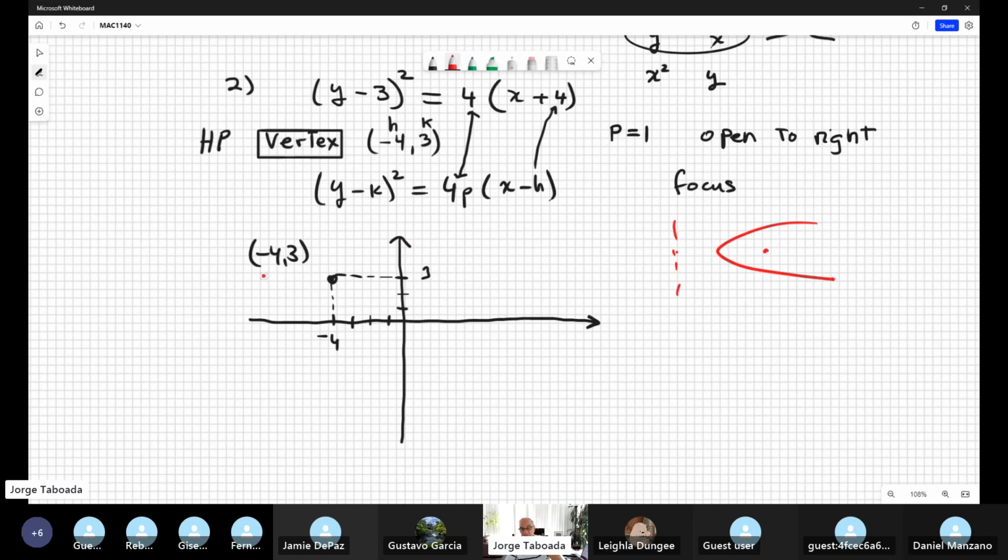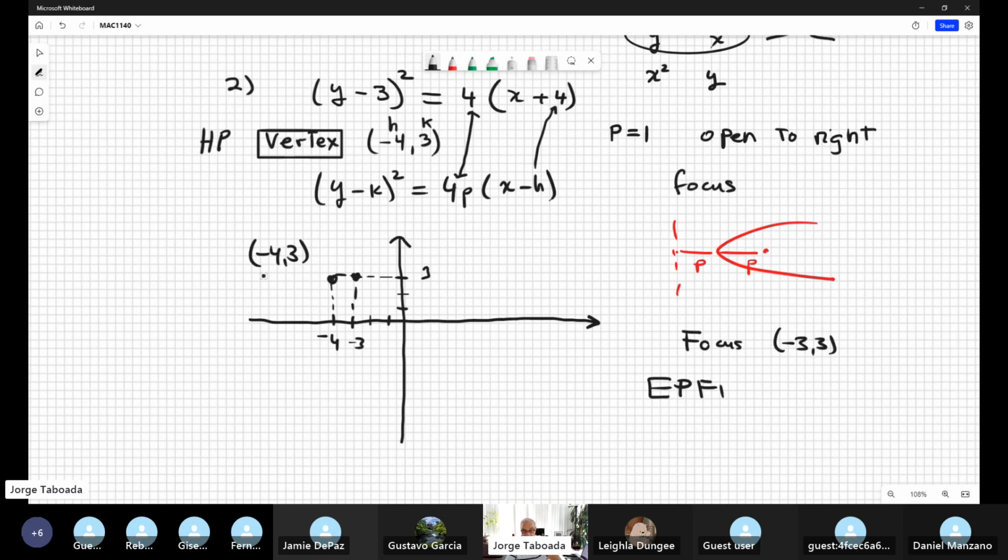The directrix is the same distance, p. In this specific example, p is 1. So the focus of this parabola is located at the point -3, +3.